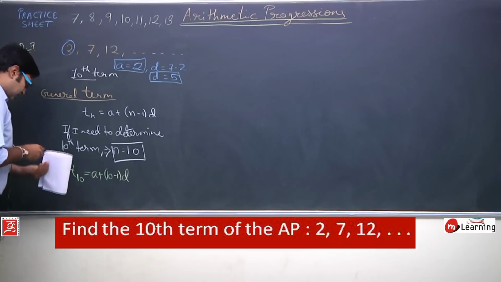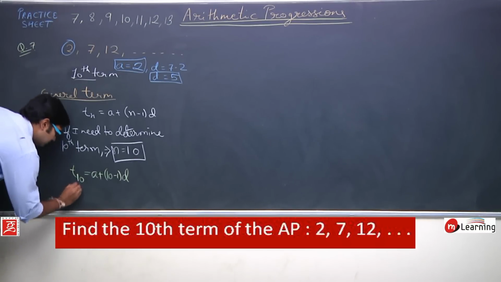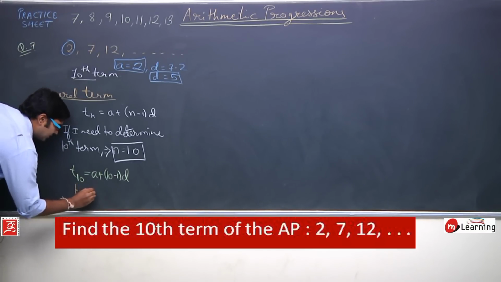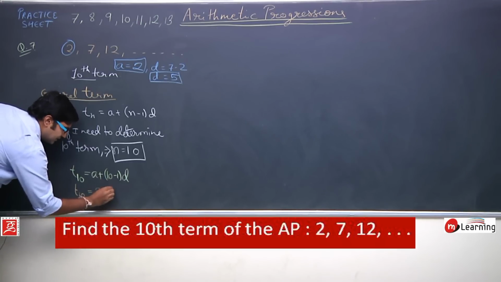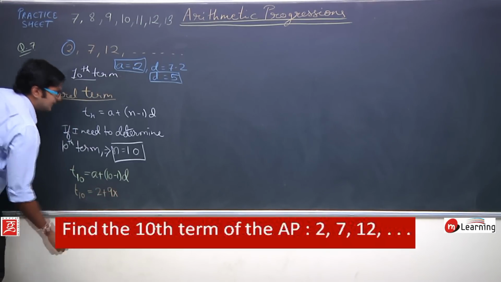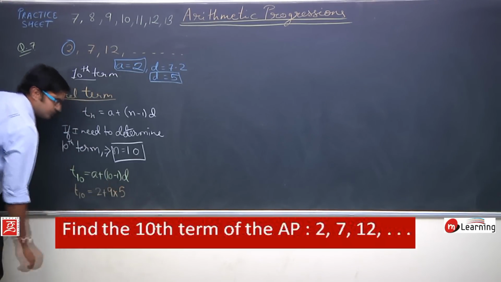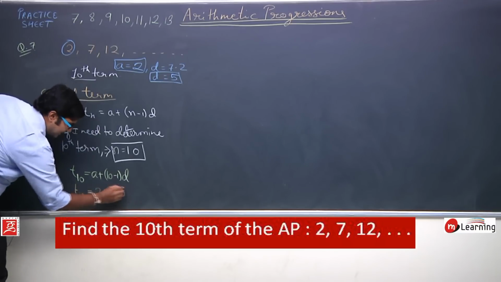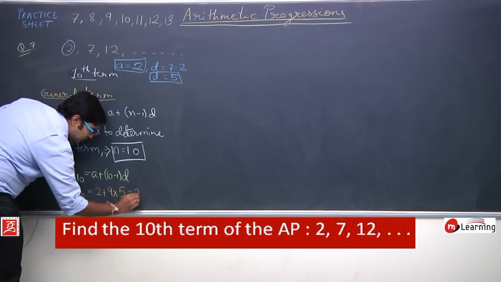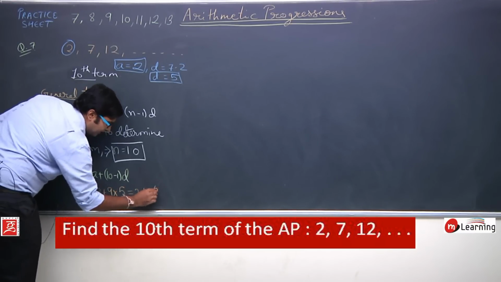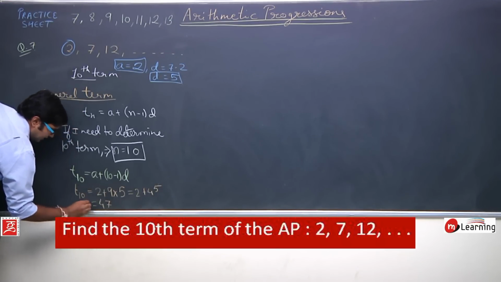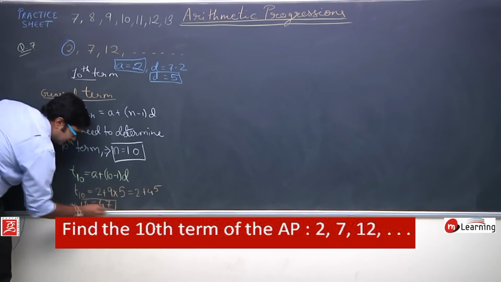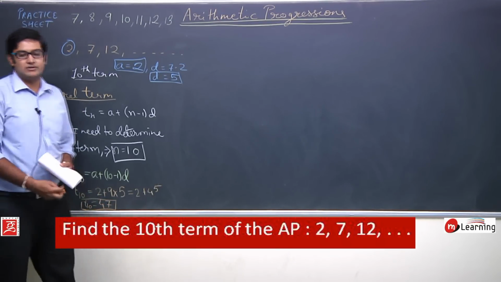So T10 will be equal to A, that is 2, plus 10 minus 1 is 9 into D. D is 5. So 2 plus 9 into 5, which is equal to 2 plus 9 5s are 45 and that is equal to 47. So the 10th term of this series is 47.